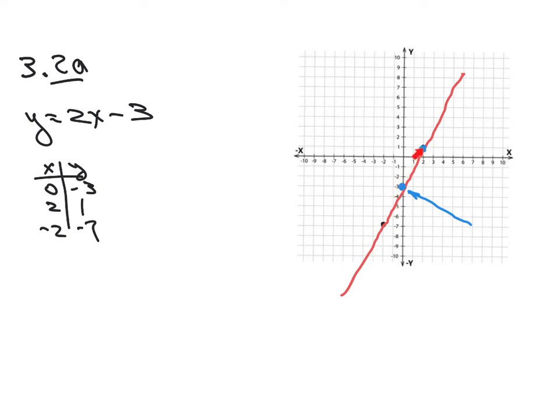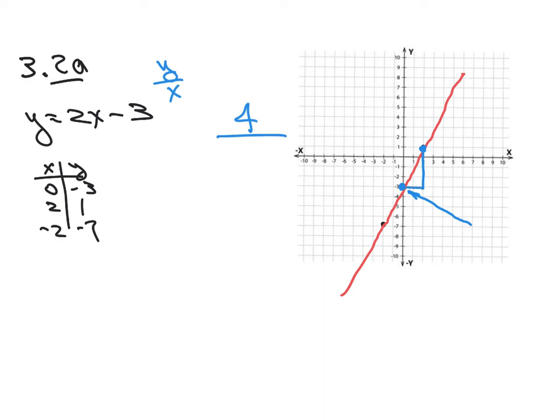Well, I went down 1, 2, 3, 4. So I went down on the y-axis 4. So my y is 4. And remember, the 4 goes on top because it's y over x when I'm finding slope. So I went down 4, and then I went over 2.